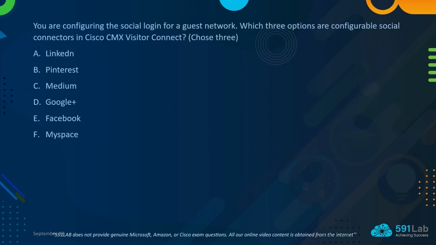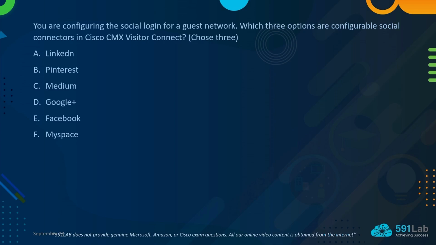Another question that we have is, you are configuring a social login for a guest network. Which three options are configurable social connectors in Cisco CMX Visitor Connect? Now, a social login is when you have to use other social platforms such as Facebook or Google or something else as a login page instead of putting a password, something that you might do in an airport or a hotel.